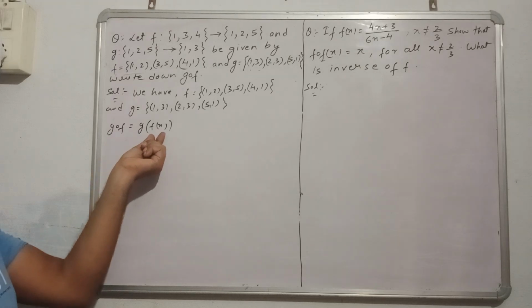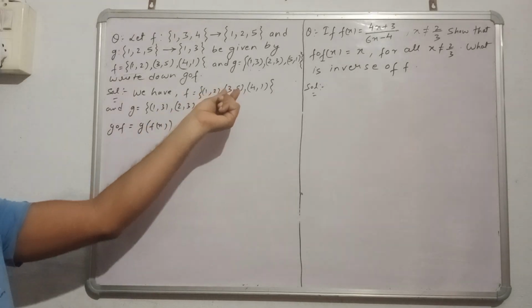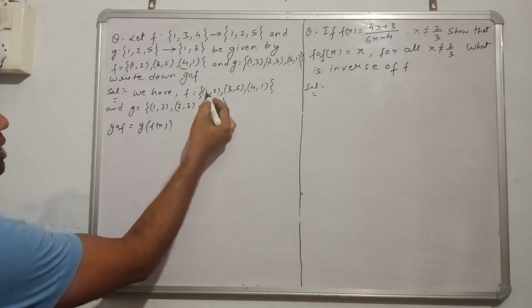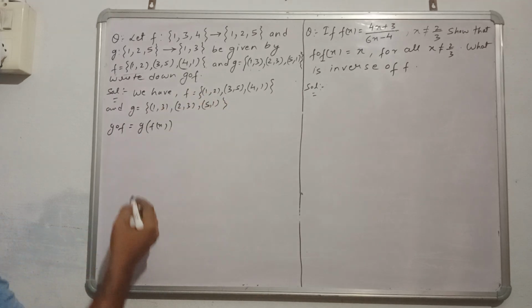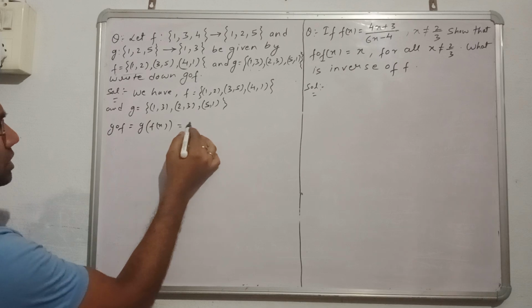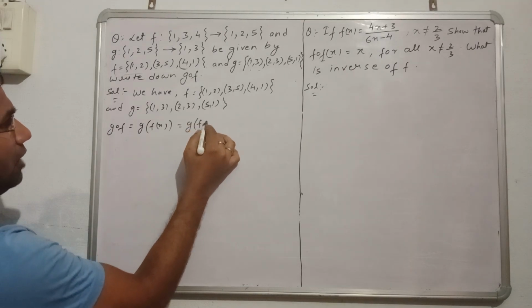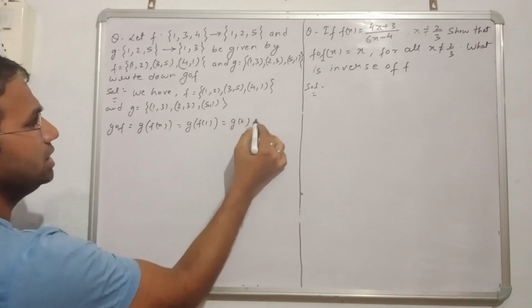In the place of x, you will put the domain of function f. The domain element is 1, and at 1 you get 2. So gf(1) means you have to calculate g(2).